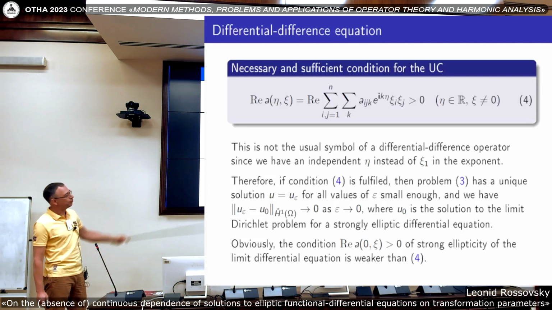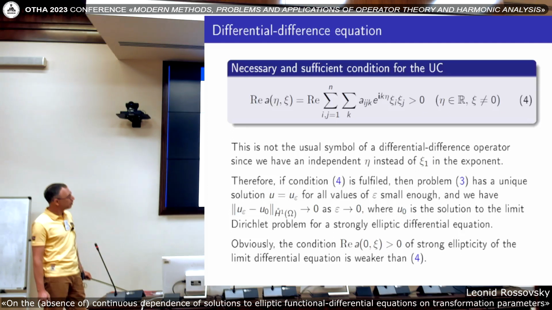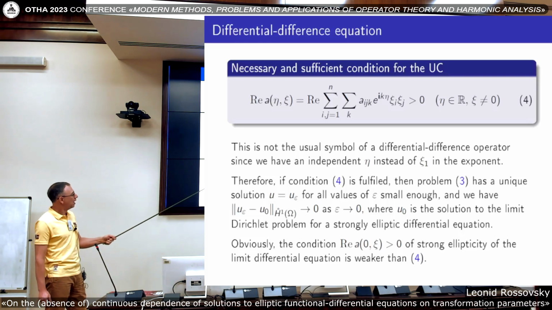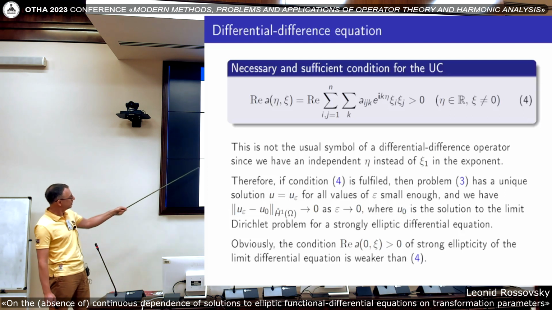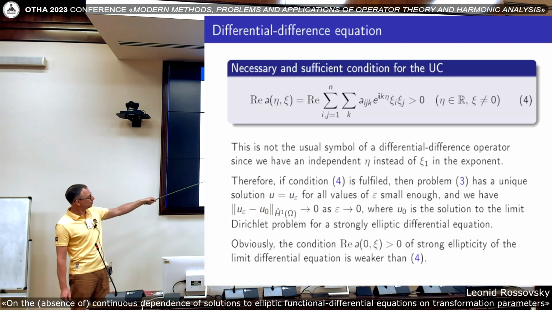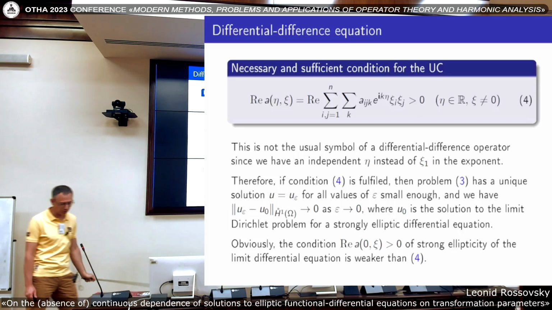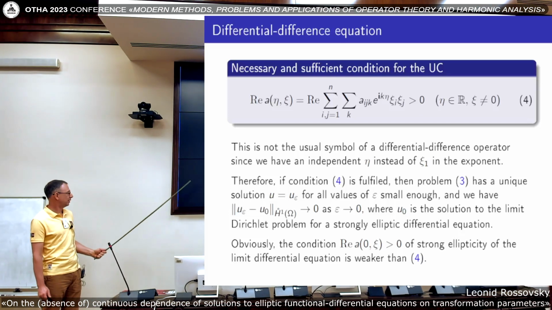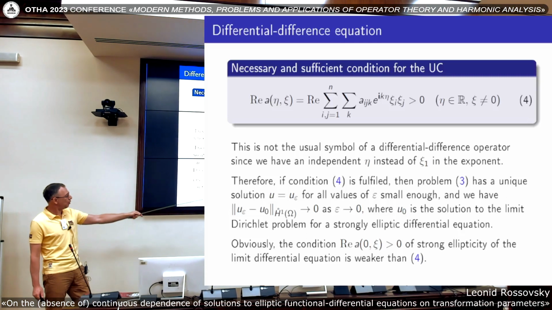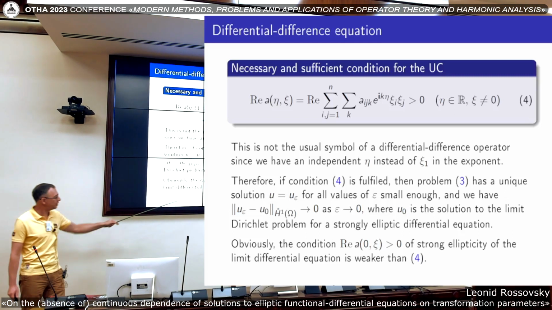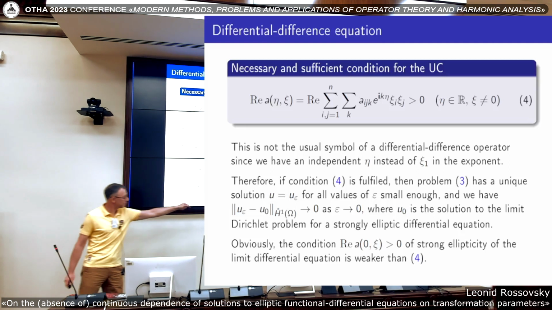So if condition 4 is fulfilled, then problem 3 has a unique solution for all values of epsilon. And this family of solutions converges in H1 norm to the solution of the limit Dirichlet problem for a strongly elliptic differential equation. But what is important here is that the condition of strong ellipticity of the limit differential equation is just this.